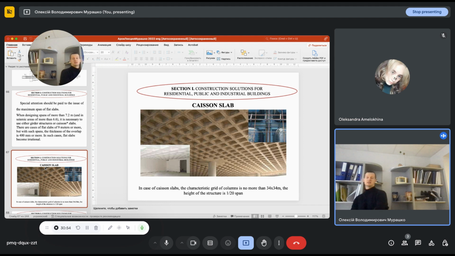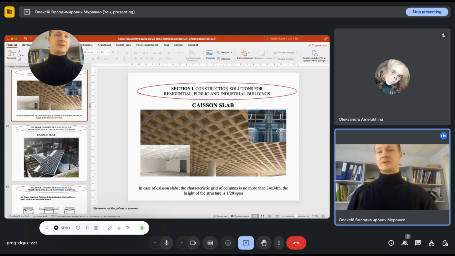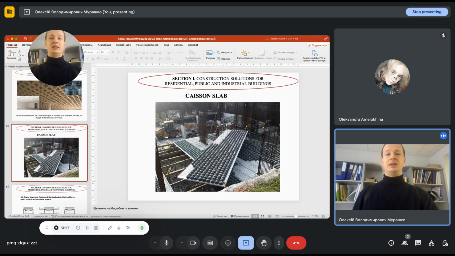So for this case, the height of this slab was 1.7 meters. Here the height is 1.94 from the level of the floor of that slab. By the way, a caisson slab can also be called a waffle slab.